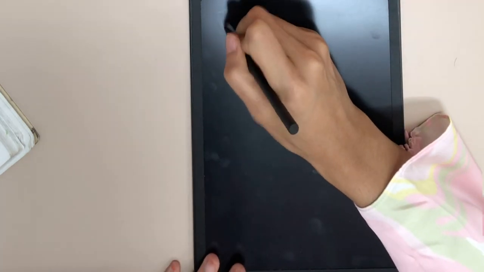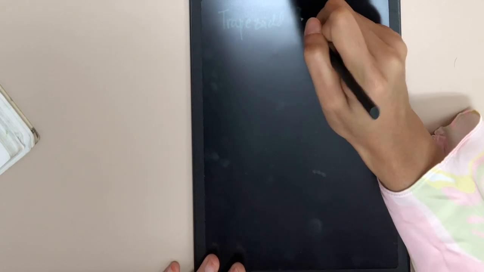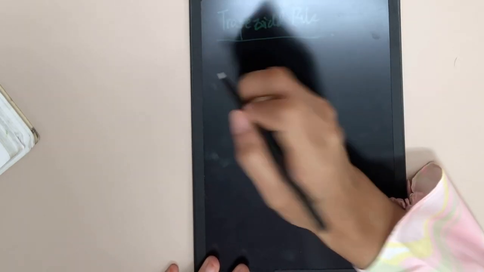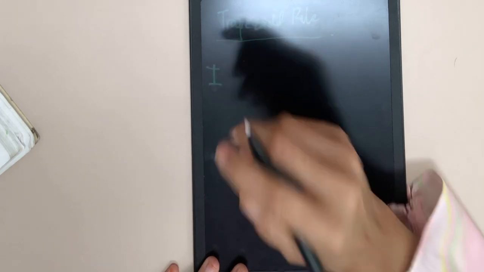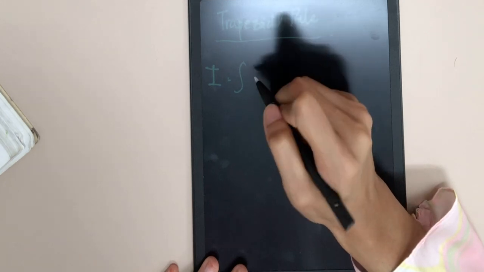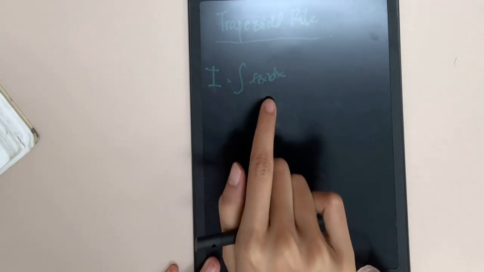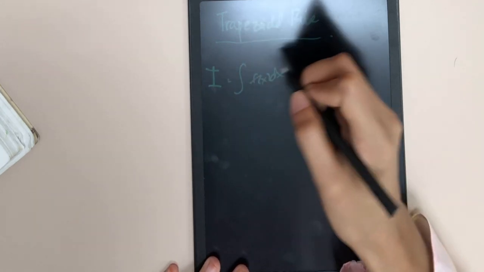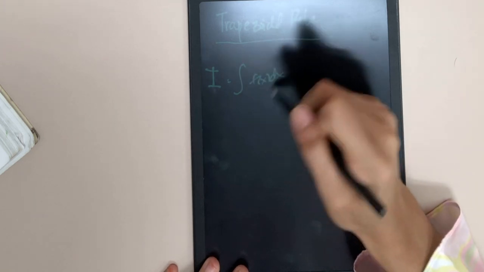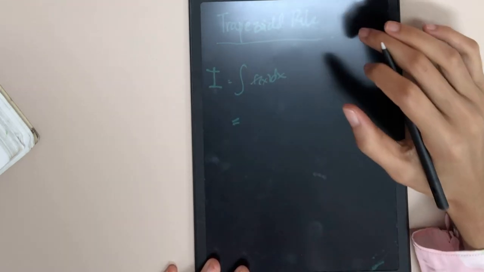So the formula for trapezoidal is given by, we represent the integration as I. You want to find the integration of a function, but not with the classic analytical way we usually use. We want to use the trapezoidal rule.